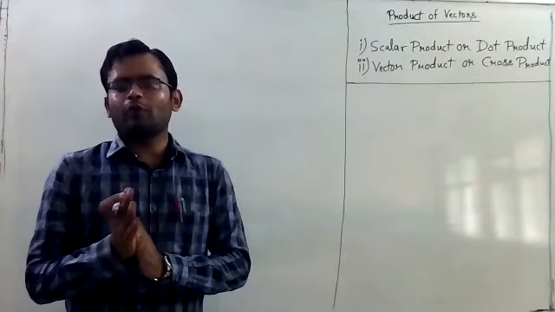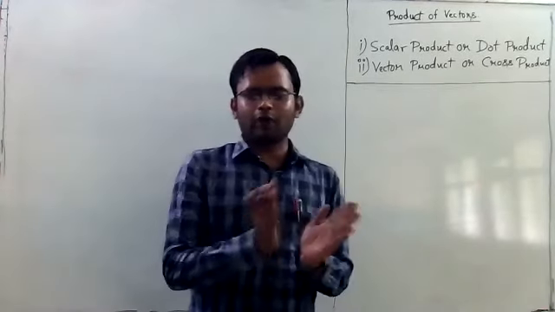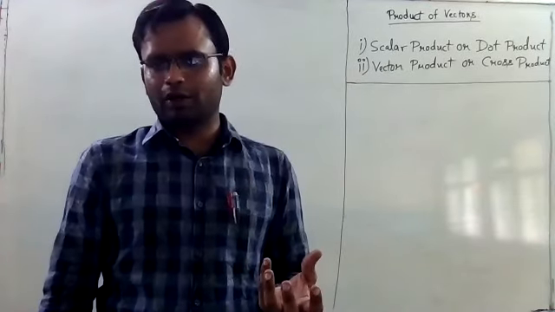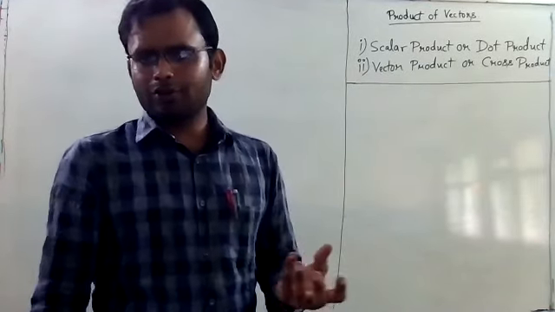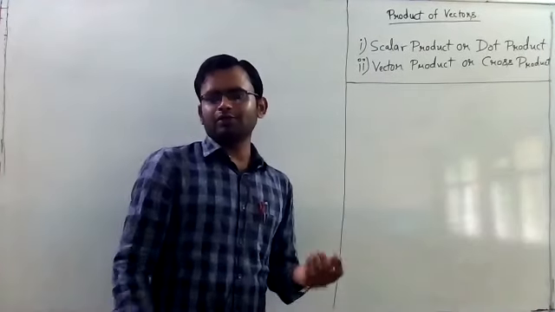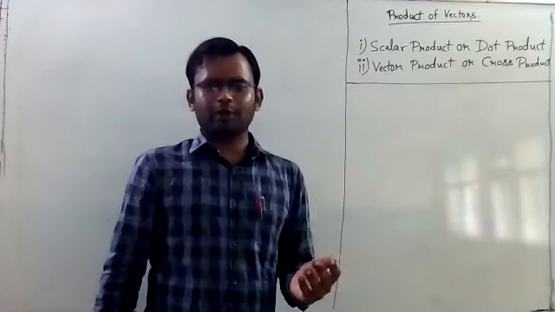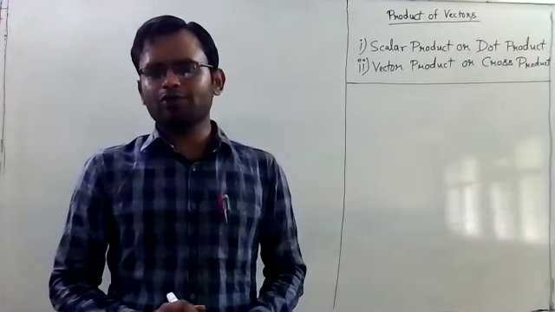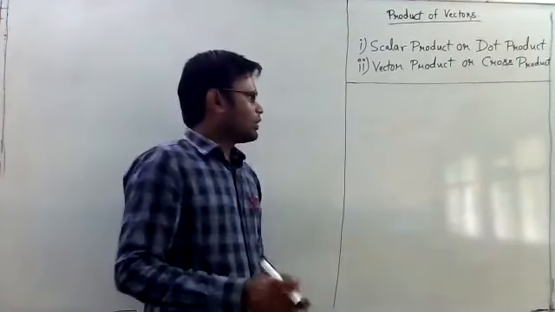Can you give me one example where we are multiplying two vector quantities, but I am getting a scalar quantity as the product? Yes, it is the work done. Work done is the product of force and displacement. Both of them are vector quantities, but the quantity which we are getting is work done, that is a scalar quantity.